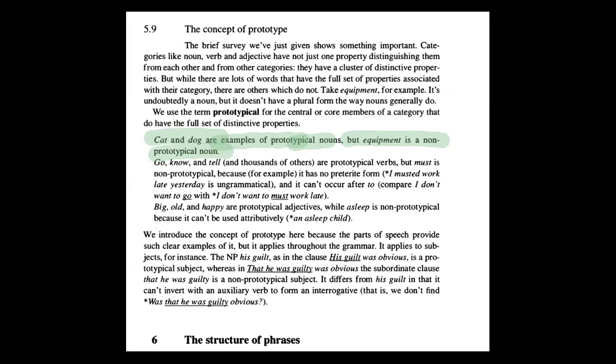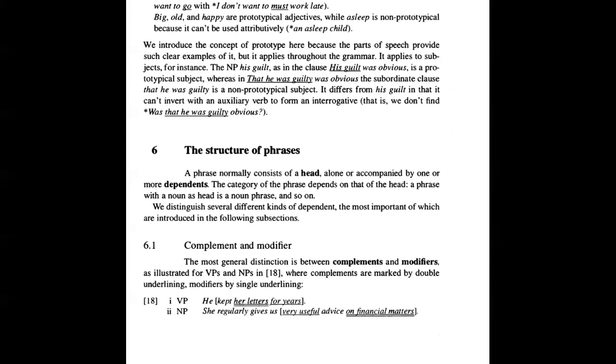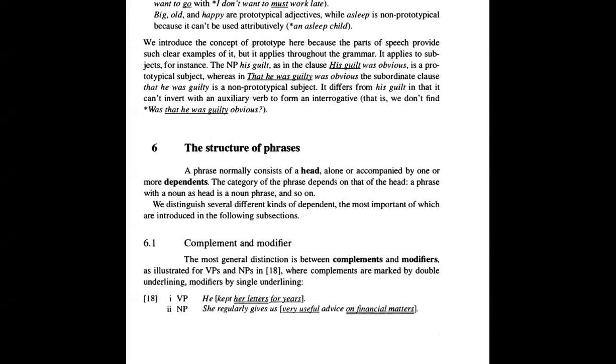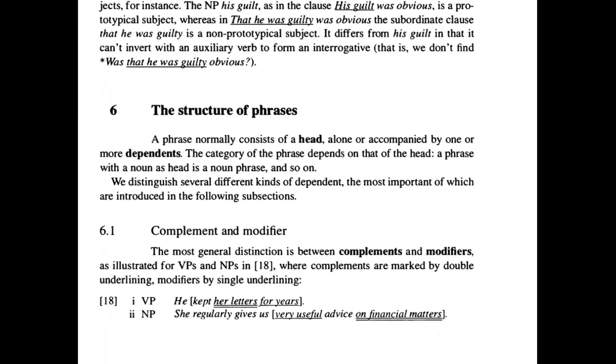Now we will continue talking about the structure of the phrase. We mentioned that we have the head of the noun phrase and the verb phrase. I mentioned also, but I was not recording this point, that we call the phrase after the name of the head.